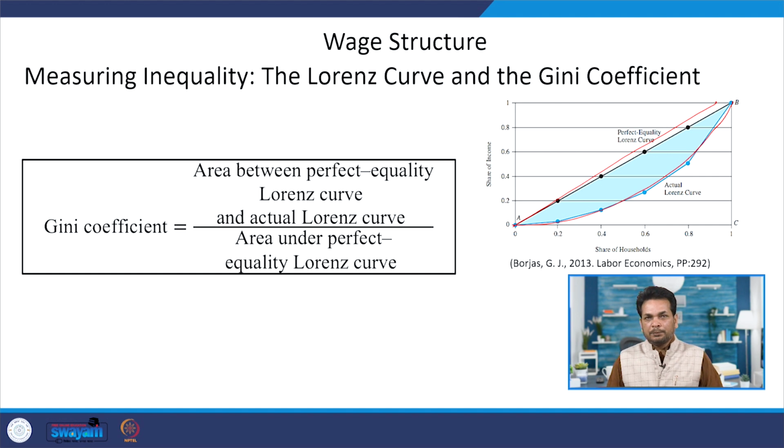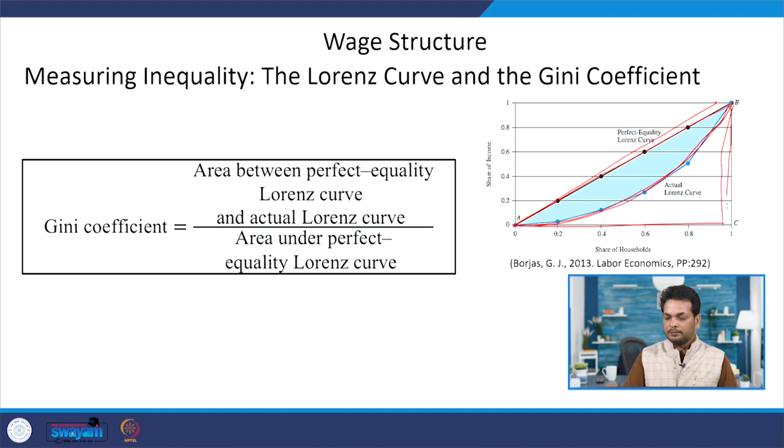To measure the degree of inequality, this can be estimated simply by taking the ratio. The area under the perfect equality Lorenz curve is this ABC triangle, minus the actual Lorenz curve, this is the actual Lorenz curve.